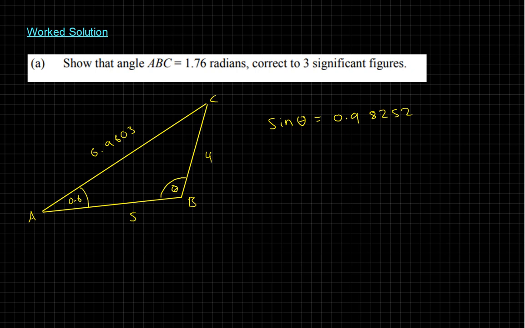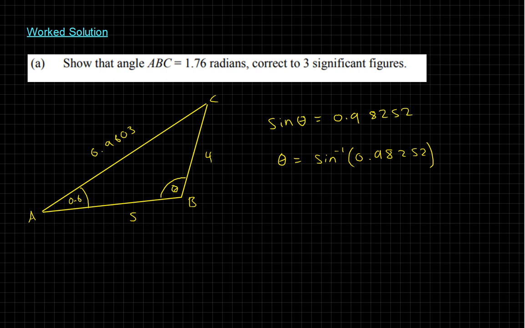Now here we have to be really careful because there's something we sometimes assume when we take inverse sine, which we shouldn't always assume, and that is as follows. If I do inverse sine, it's true, theta is going to be in some sense an inverse sine of this, but we have to be careful because think about it. The calculator, when it does inverse sine, it only gives you one possible value.